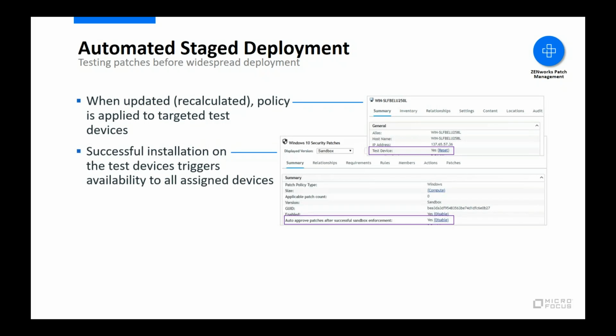If the policy's patches are successfully installed on all of the test devices, the policy is auto-approved and enforced on all other assigned devices according to the policy enforcement schedule. If any patches fail to install, the policy is not auto-approved. At this point, you can investigate the reason for the failure and decide if any changes need to be made before rolling the policy out to other devices.